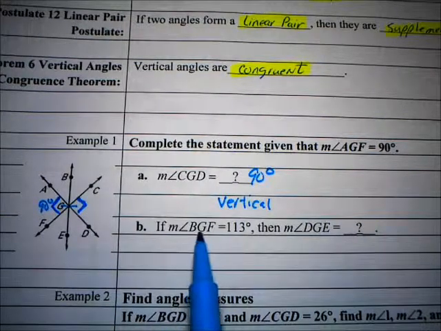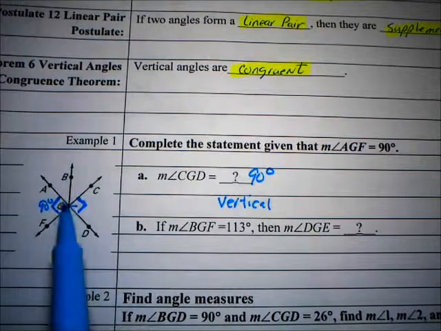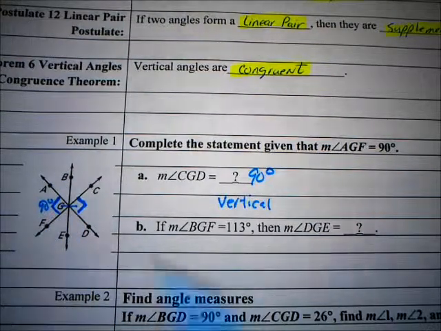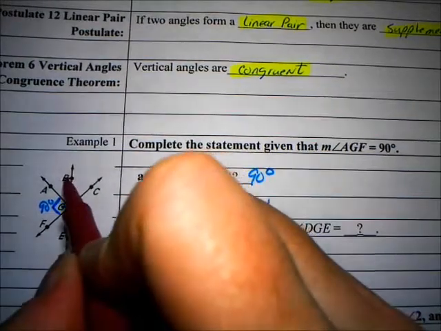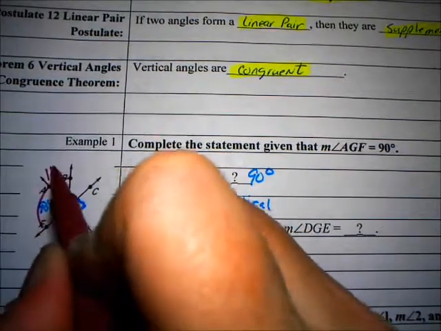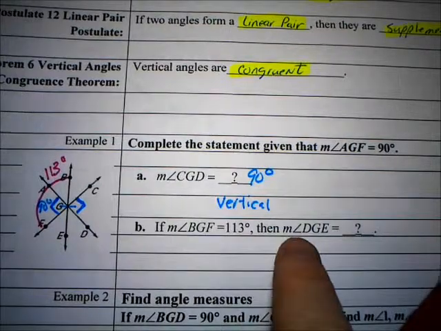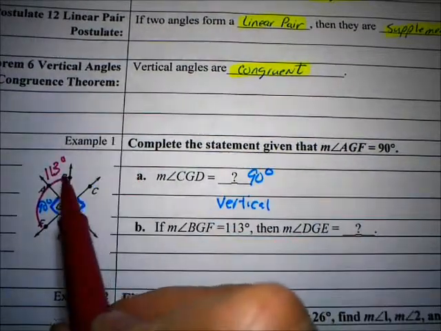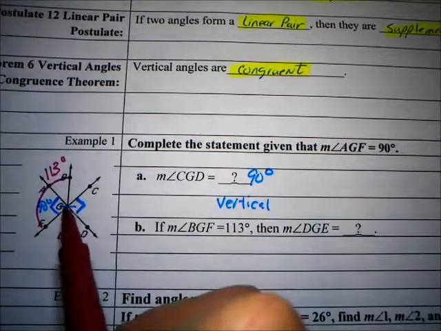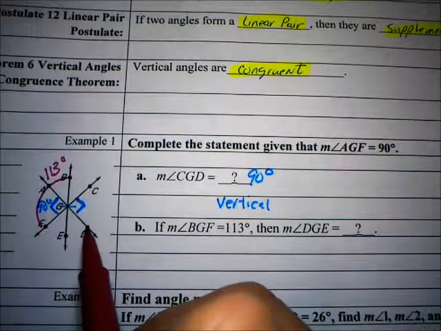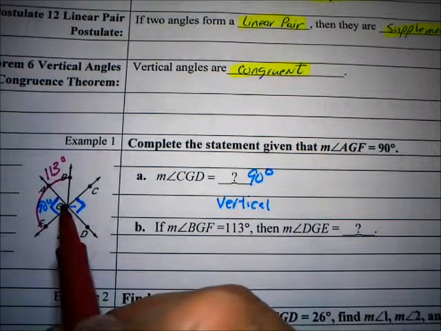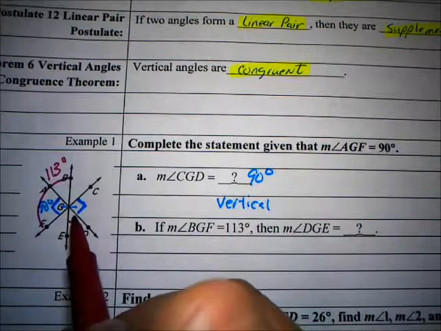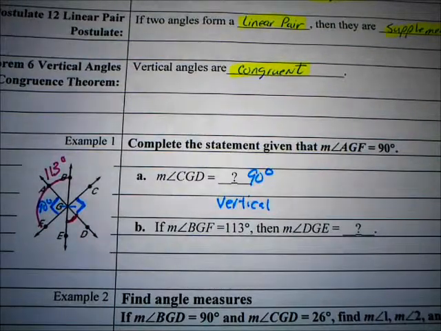On B, it says BGF is 113. B all the way to F is 113 degrees. Then DGE right here is going to be how much?